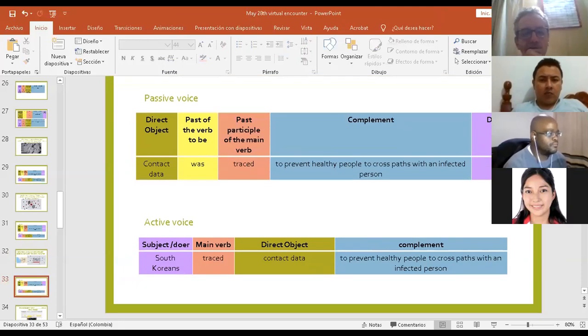So we don't have a doer of the action in that case. We can infer that it's South Koreans.